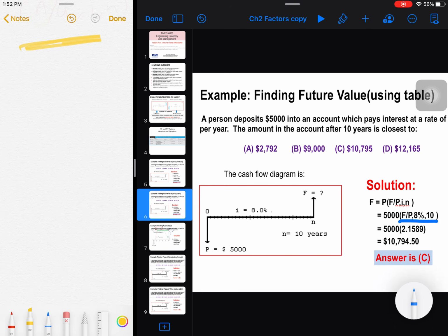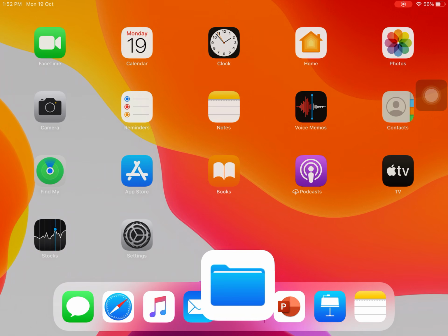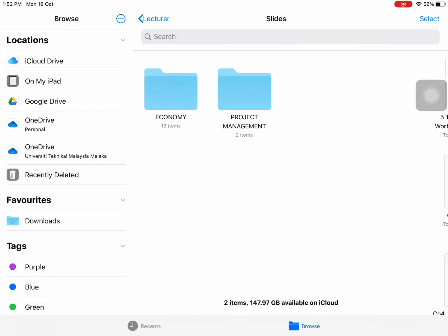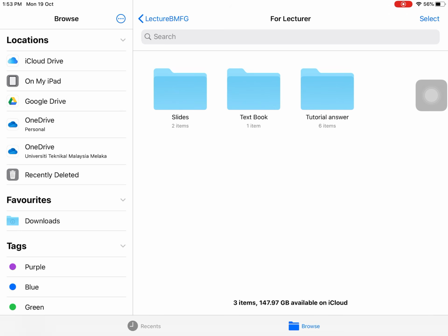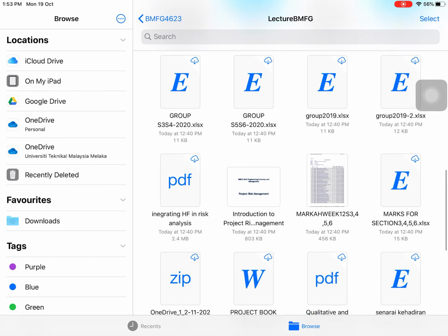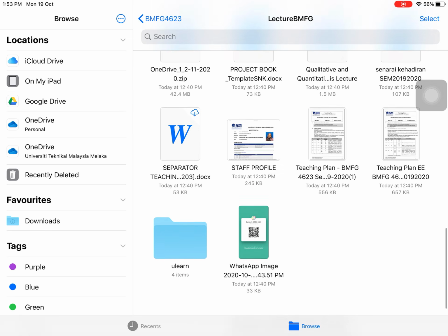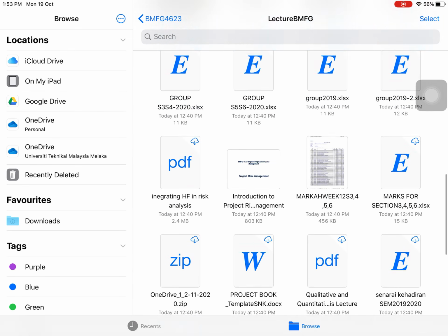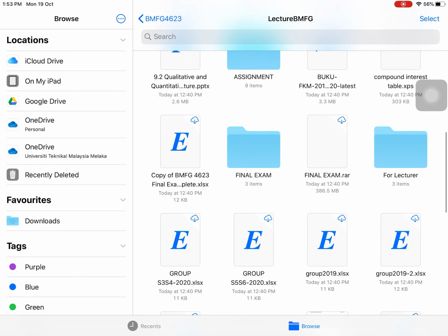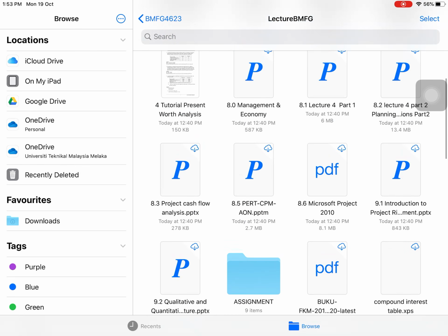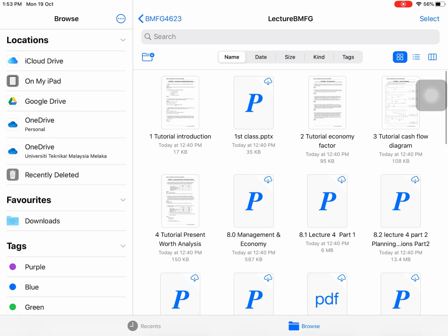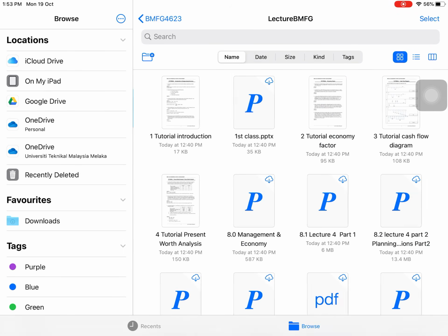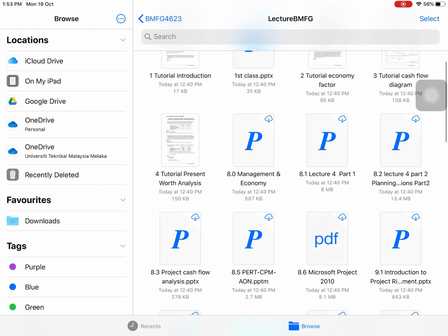So how do we get the tables? Let me find it in my folder. Hopefully you can easily get it. In my slides. Where is the table? I'm afraid it's not here.